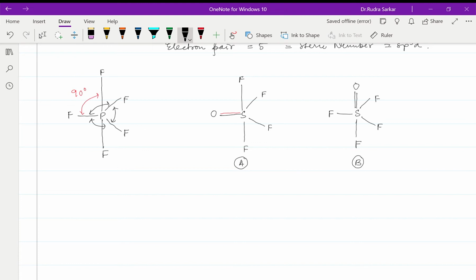For that we will learn a new rule which is called Bent's rule. And what is that rule?